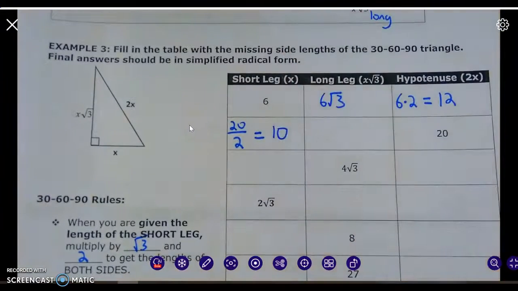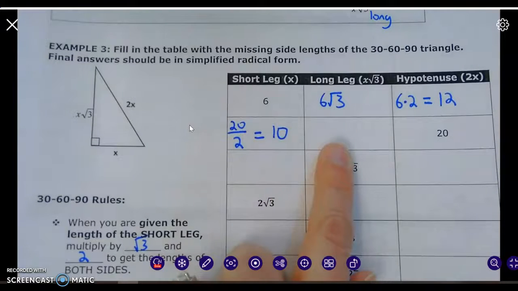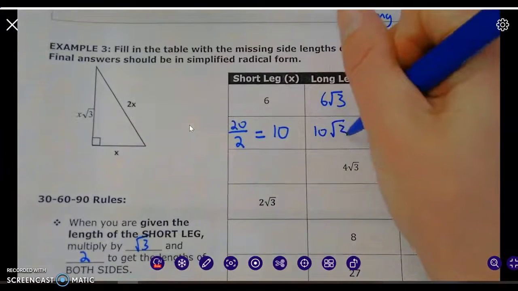When you're looking back at your notes, if you just write 10, you might not know how we got that. Okay, and now we have our short leg. So we're just missing the long leg. So what do we do? Yeah, so we just take that 10 times square root of 3.